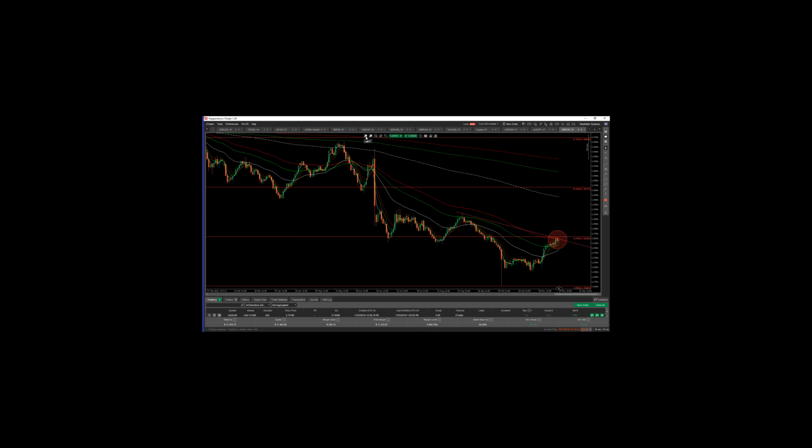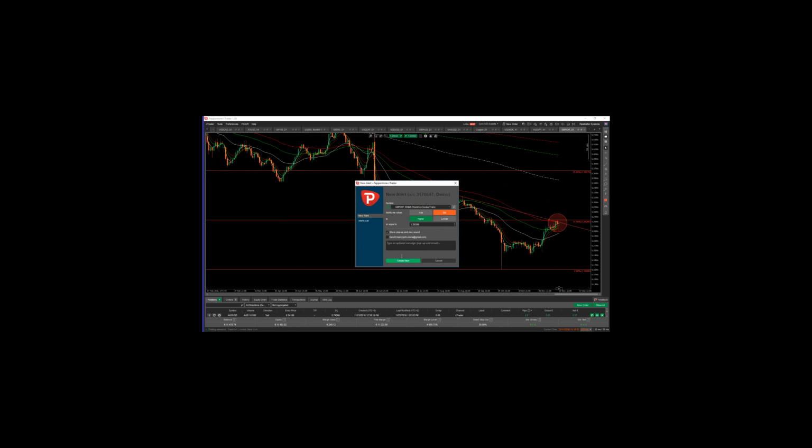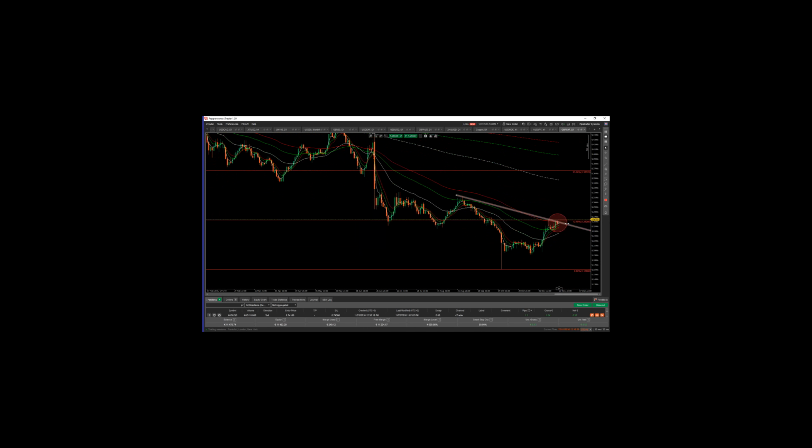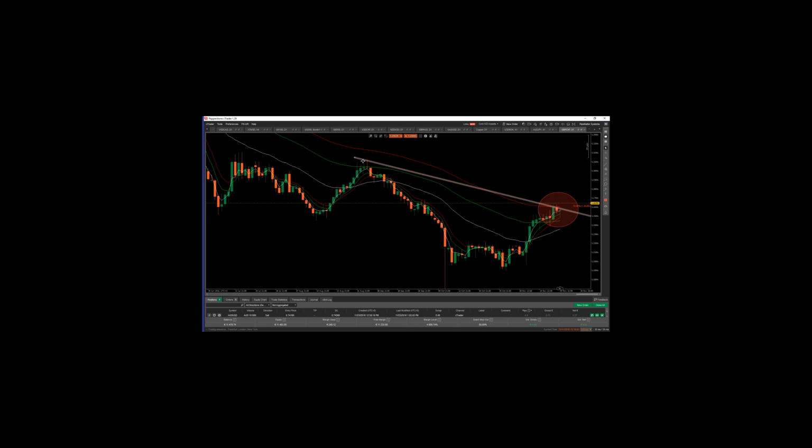Yeah, I see GBP CHF stagnating for a little bit, maybe going a bit higher, but if this level here, and I'm going to put my alarm, is not broken by the end of this week or early next week, which I don't think it will be, then you're going to see this pair go significantly lower.